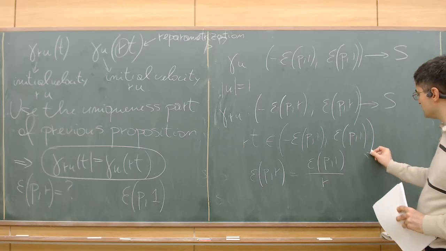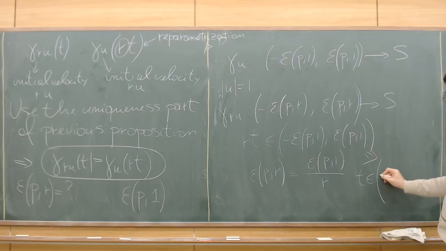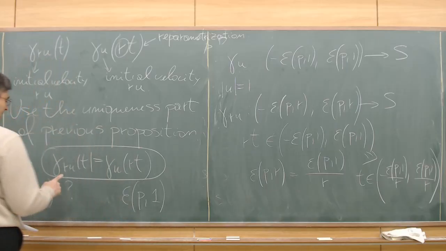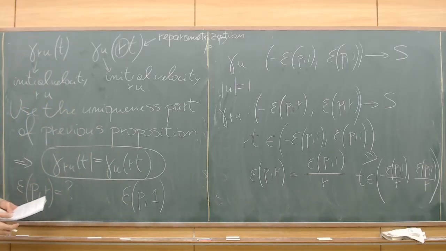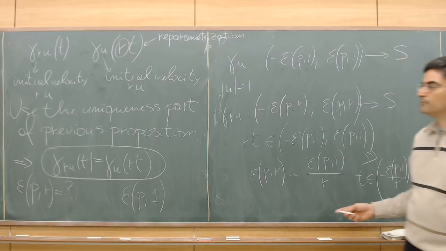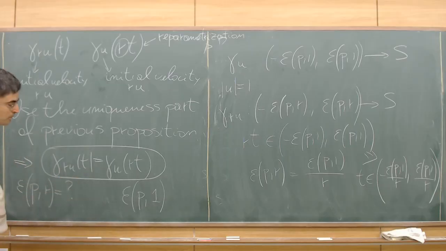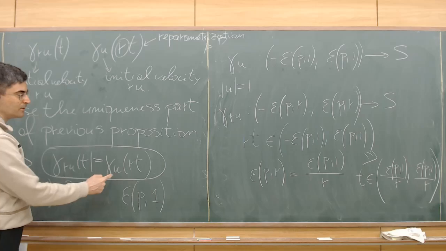Because this implies T varies in minus epsilon P1, epsilon P1, where both these numbers are divided by R. So if, for example, R is larger than 1, the domain of definition of gamma RU(t) shrinks if compared to the domain of definition of gamma U.